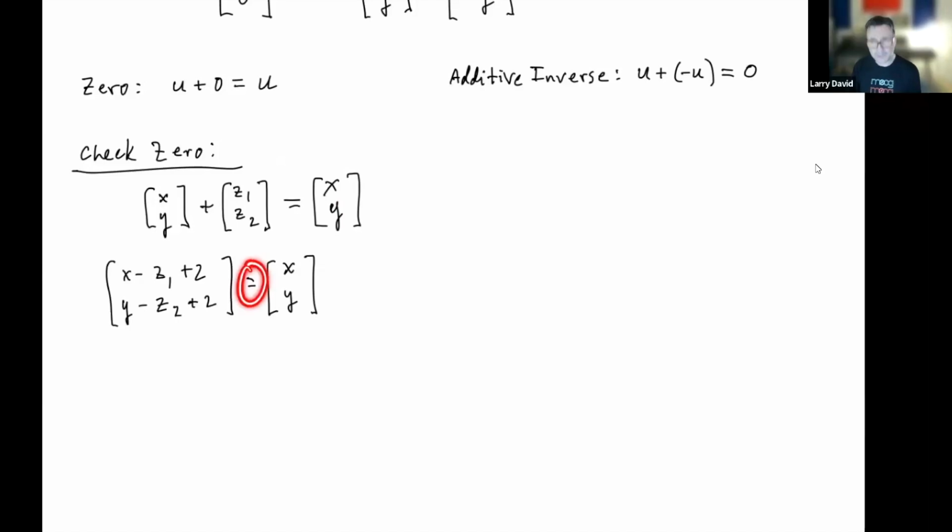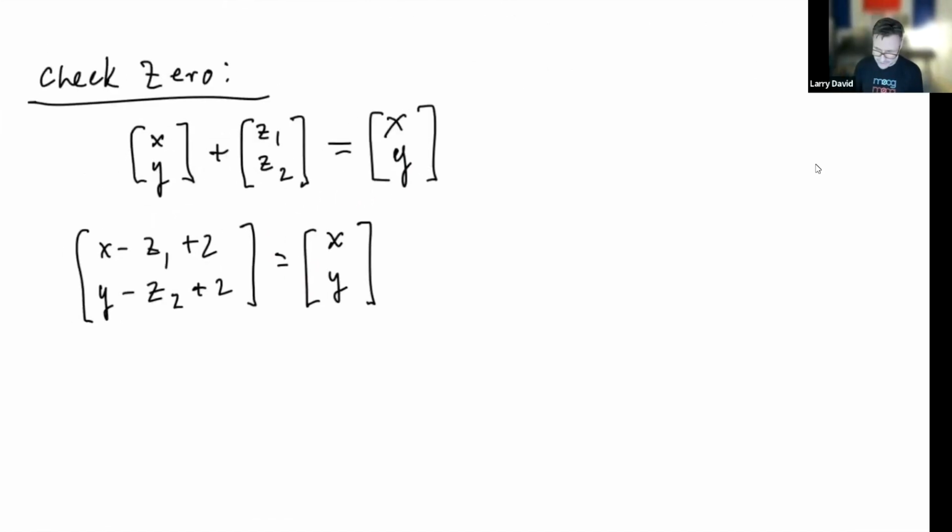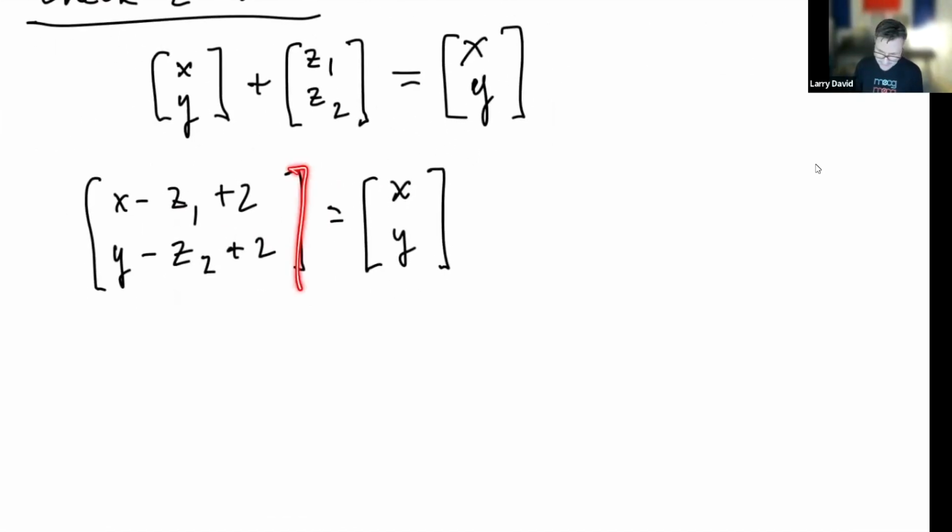And now we'll use the definition of equality. Notice that inside the brackets here, this subtraction and addition, that's subtraction of complex numbers and addition of complex numbers. In other words, we use the definitions of addition and subtraction from the field of complex numbers in particular. So these are the normal definitions of addition and subtraction for numbers.